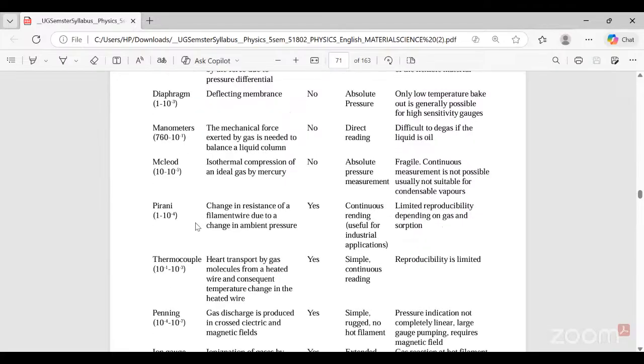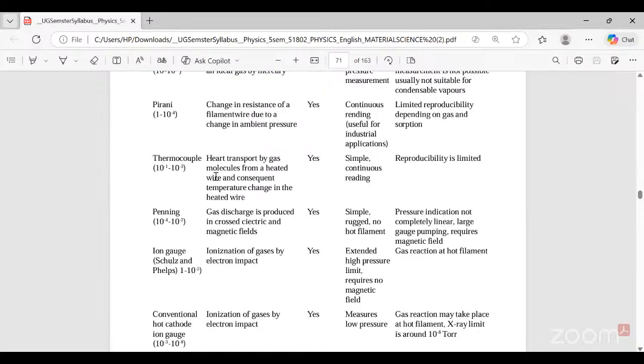Next, the Pirani gauge can measure pressure from 1 to 10 to the power of minus 4 torr. The limitation is that reproducibility depends upon the gas. The thermocouple gauge measures between 10 to the power of minus 1 and 10 to the power of minus 3 torr, and reproducibility is limited. That is the main disadvantage.